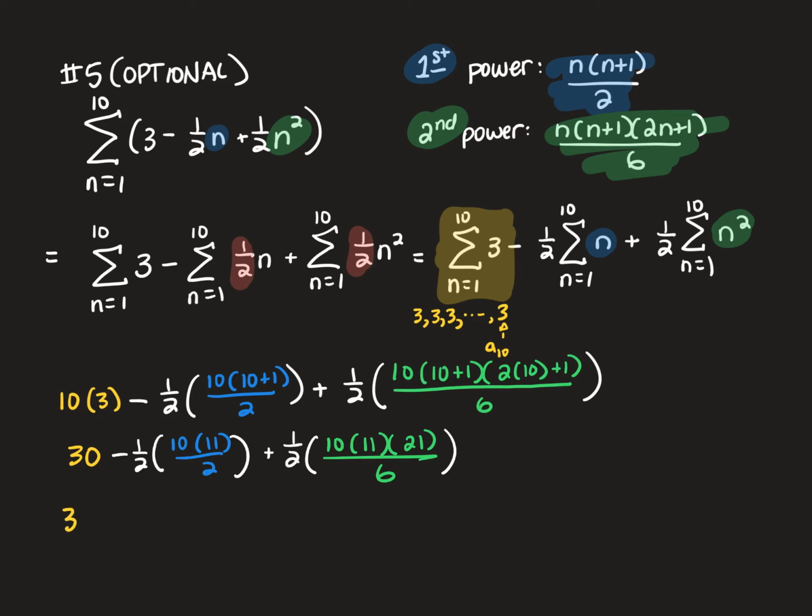All right, so we've got 30 minus 1/2 times, in blue, that's going to be 55. I'm not going through every part of that, but 10 times 11 divided by 2 is 55. Plus 1/2 times, and then if you simplify what's in the parentheses there, you get 2310 over 6.